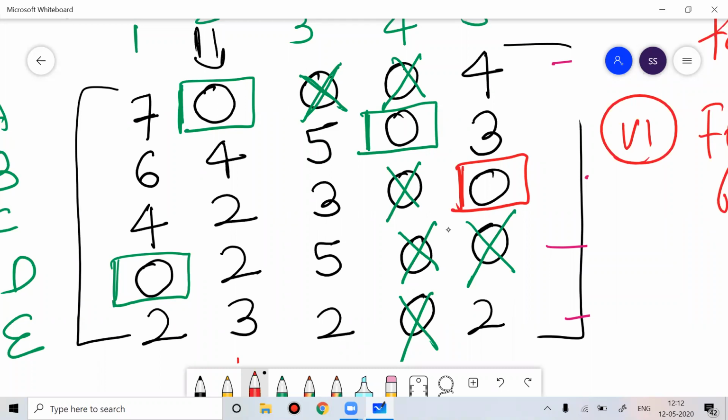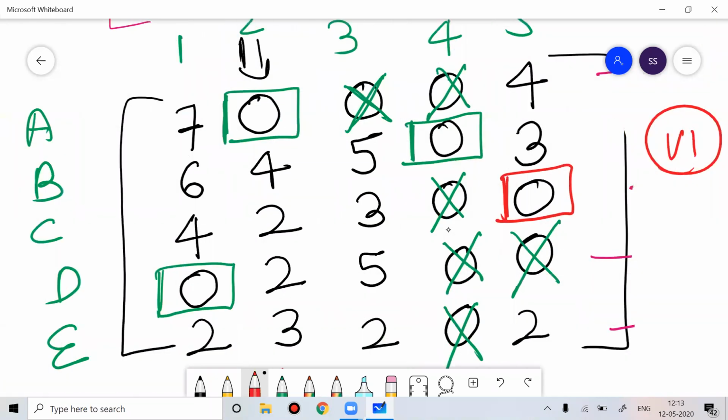When you are assigning work, you have to give preference to that row and that column which has only one zero. Now between row and column we'll give preference to row. So first we look row wise, then we look column wise.